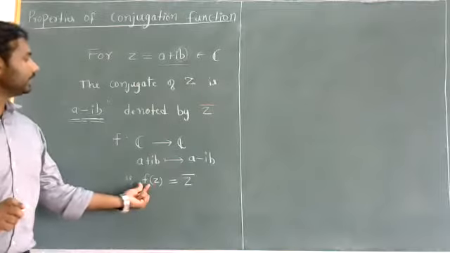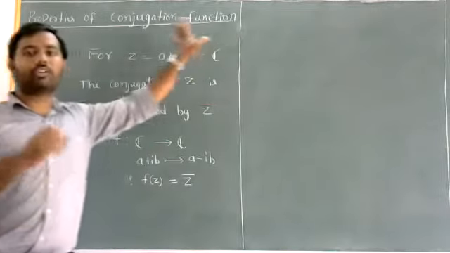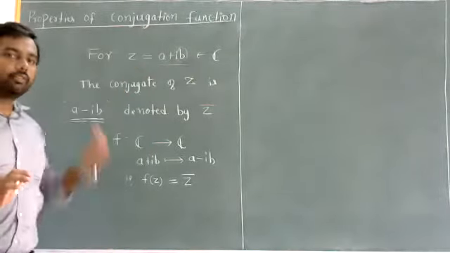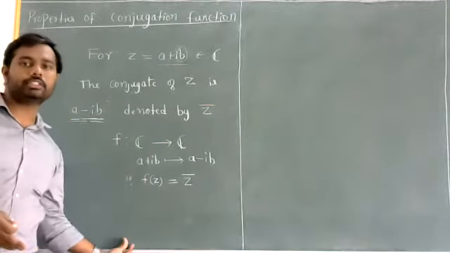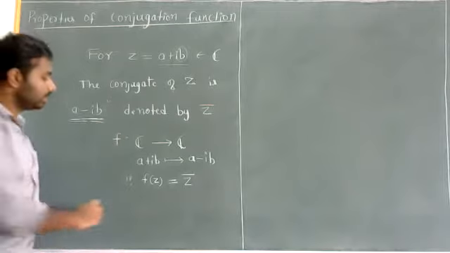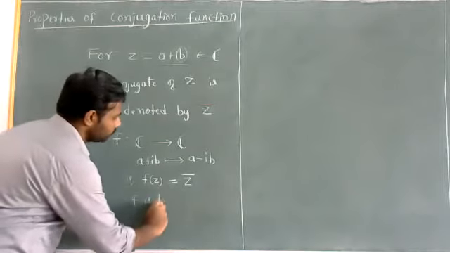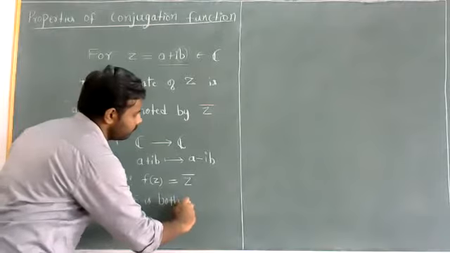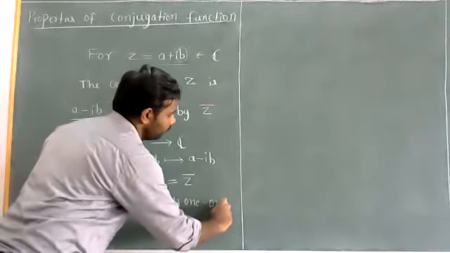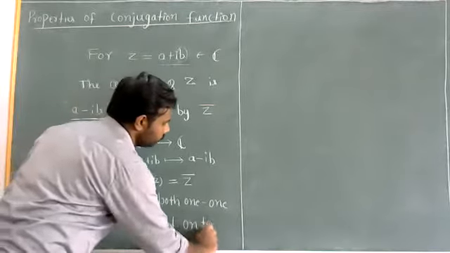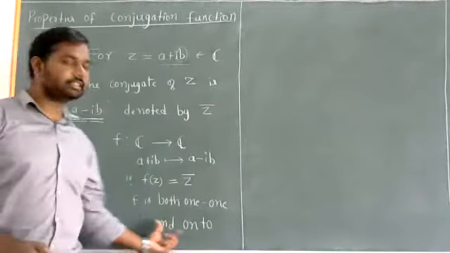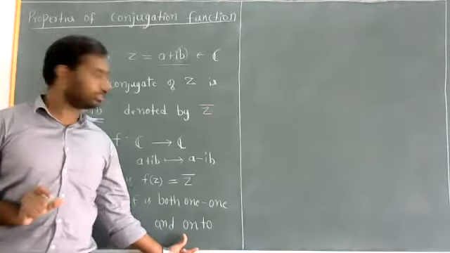So this is the conjugation function, or we can say conjugate function. And we have discussed some of the properties of this function in the previous session. That is, f is both one-one and onto. Hence, it is a bijective function.